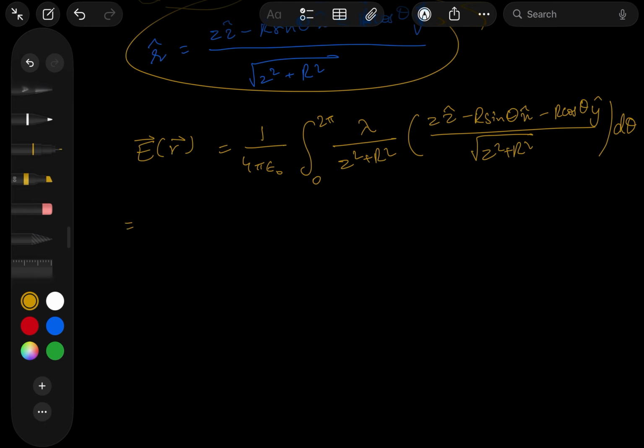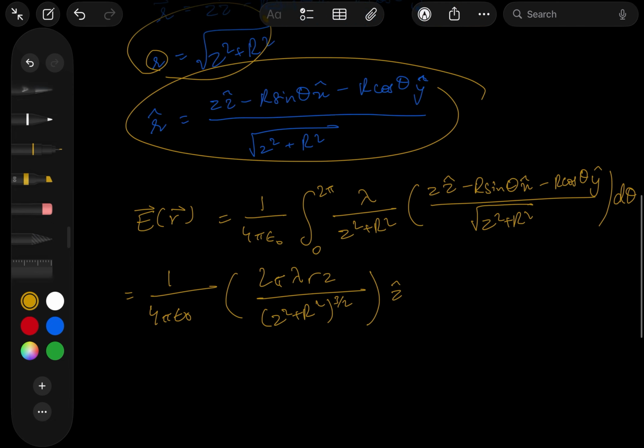Now what we're going to get here is, because we're integrating from 0 to 2 pi, our integral is going to come out to 2 pi lambda r z over z square plus r square to the 3 by 2, and we're going to get z hat.